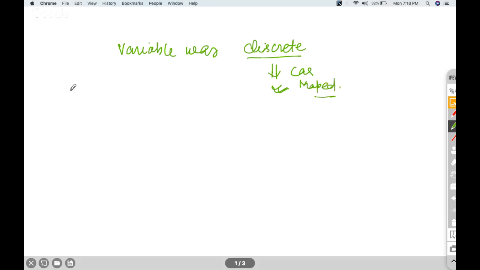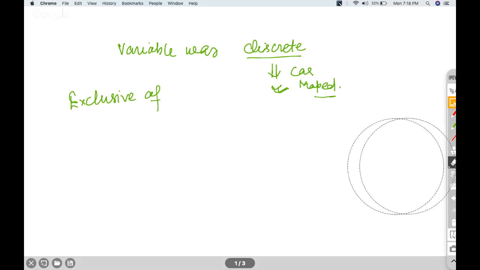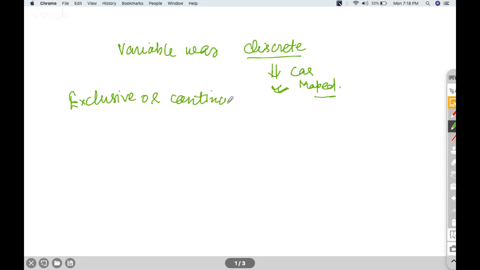What happens when you get an exclusive or continuous distribution? For that, if I have to make a vertical graph like this, I have a marks frequency distribution.